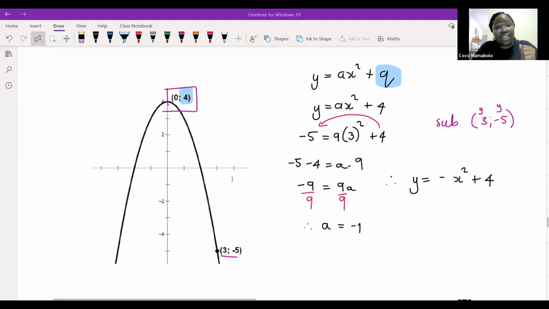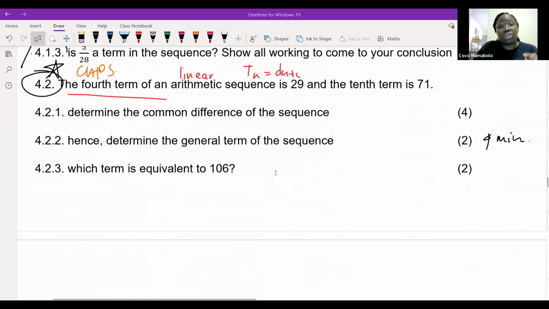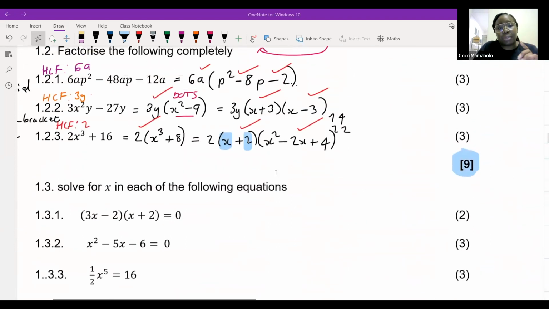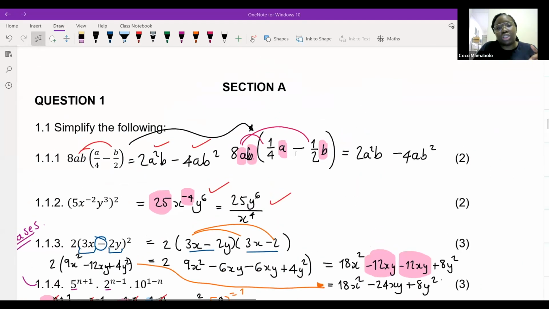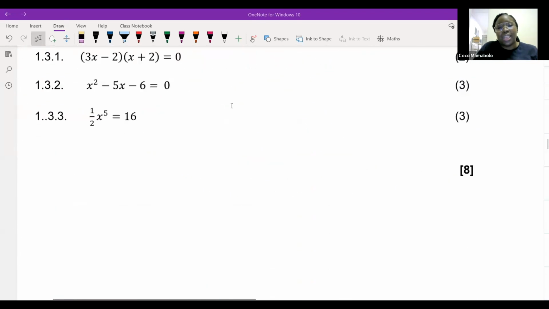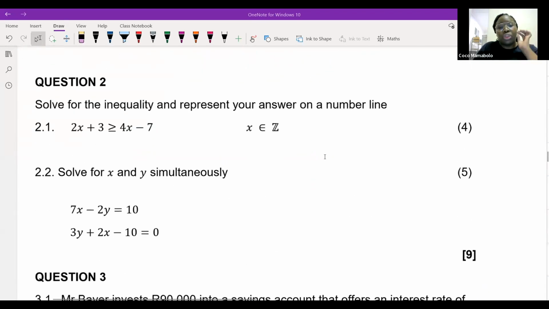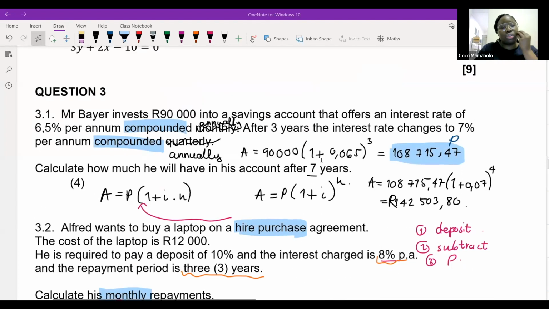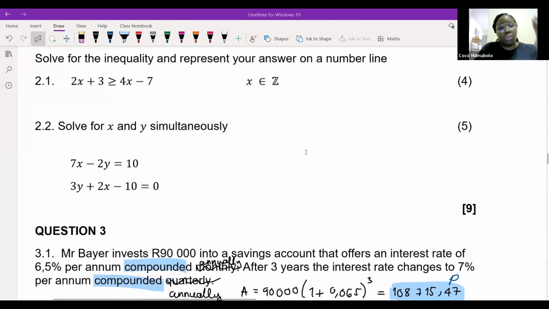So here is, if you haven't written your exams just yet, here is your homework. You are going to go and grab a textbook and all of this algebra, this simplify, these exponents, these equations, you are now going to go and do them over and over and over again, because these are all section A. And section A, number 1, should be a breeze.